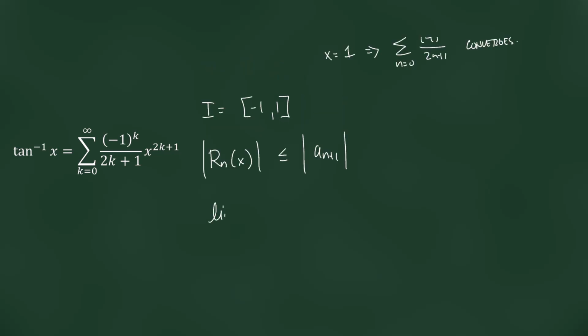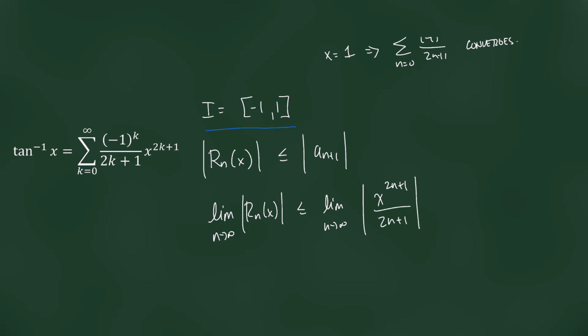So our limit as n goes to infinity of R_n(x) is less than or equal to the limit as n goes to infinity of the absolute value of x^(2n+1) over 2n+1. But remember we're on this interval, which means our x values are no bigger than 1, so as n goes to infinity, the top is not growing while the bottom's going to infinity. So we have numbers that are getting smaller and smaller, being divided by numbers that are getting bigger and bigger. So that limit is 0.